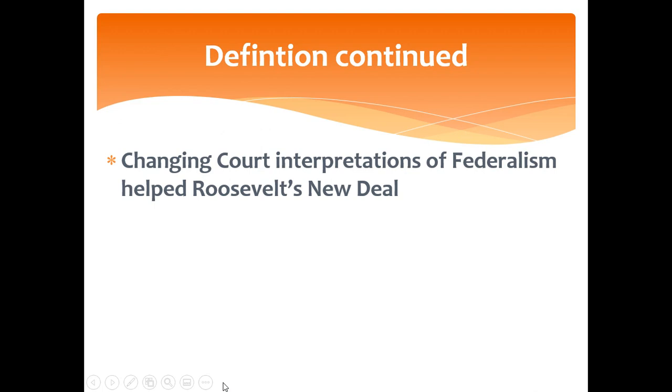So, do we really know which power belongs to the federal government, which power belongs to the state? No, we do not have a clear idea. The Constitution does not draw this great big bright clear dividing line between state power and national power.